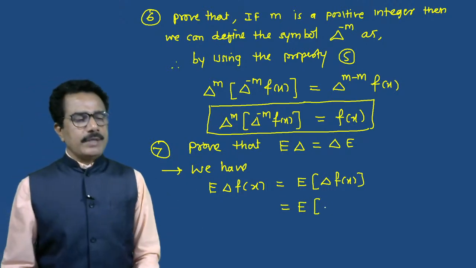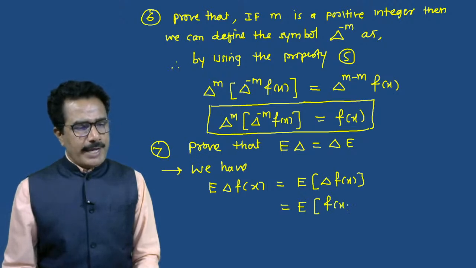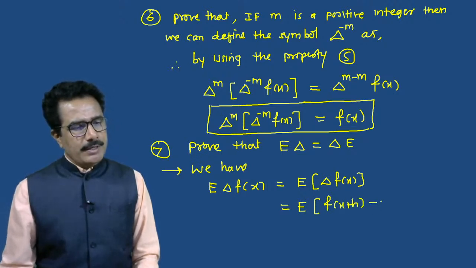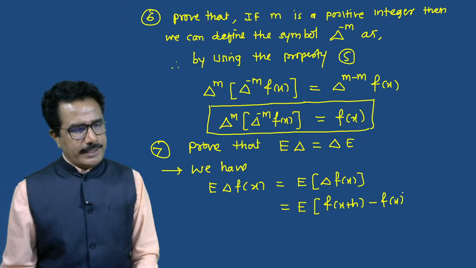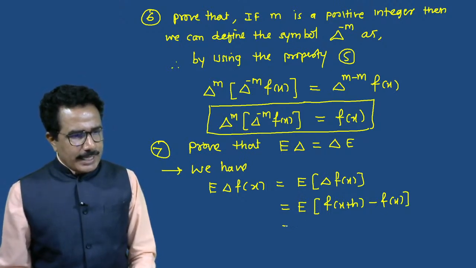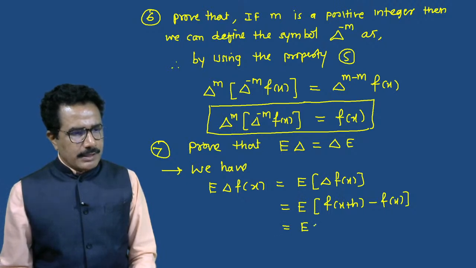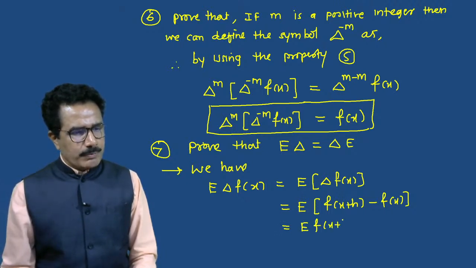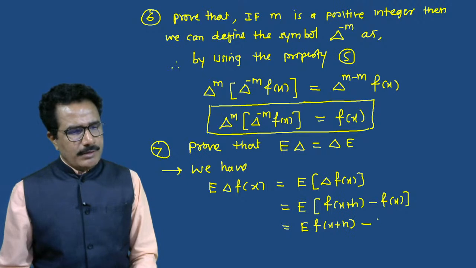How to write delta f of x? f of x plus h minus f of x. So we can write E of f of x plus h minus E of f of x.